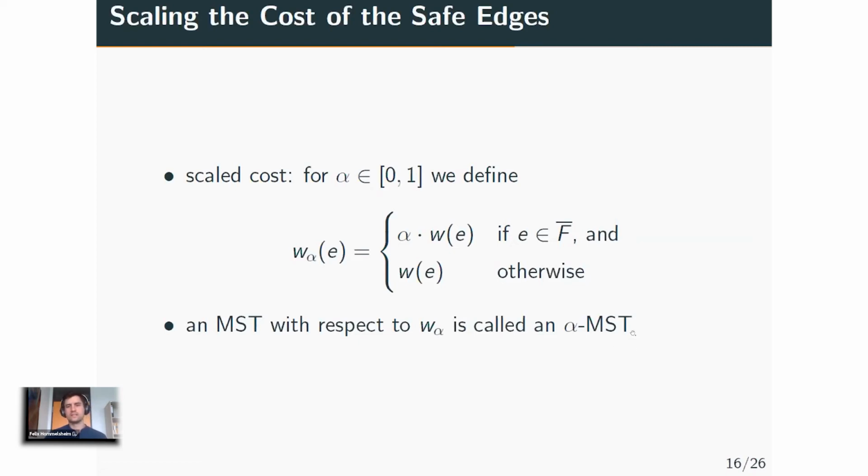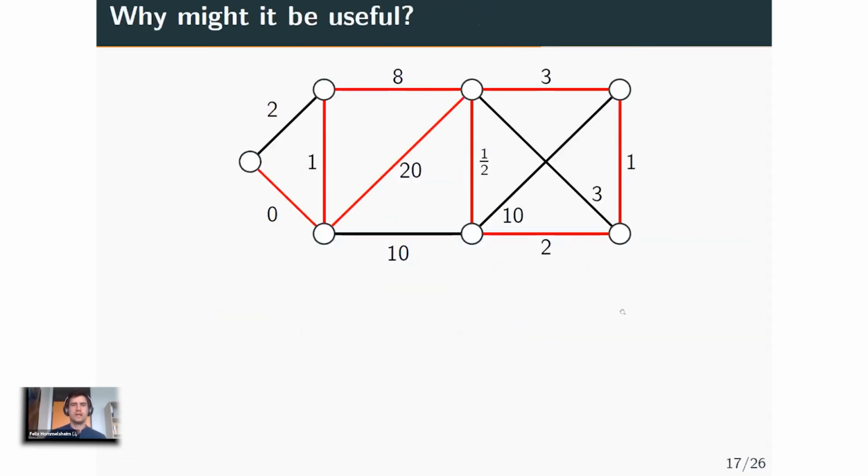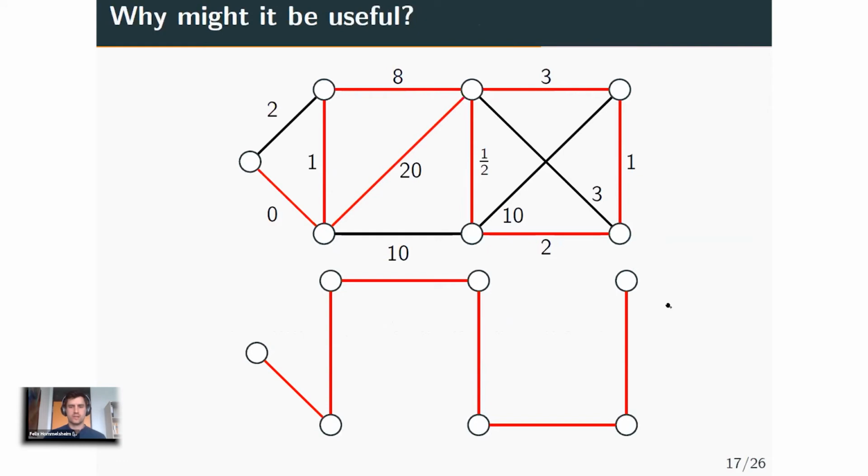And why is this a good idea? Well, consider this example here, and consider algorithm B. Here the minimum spanning tree might look like this. Then in the next step, we solve the tree augmentation problem, and we might buy, for example, these edges.